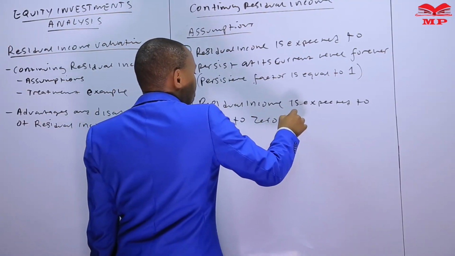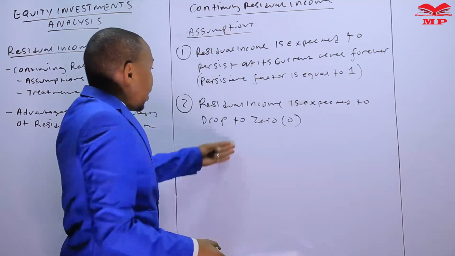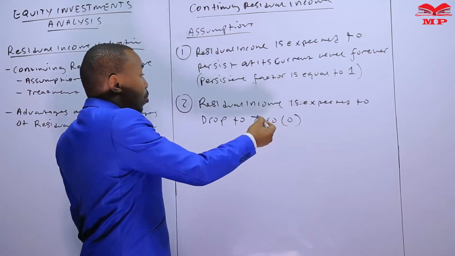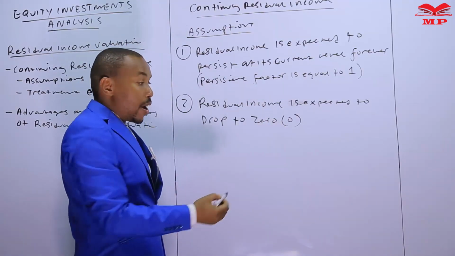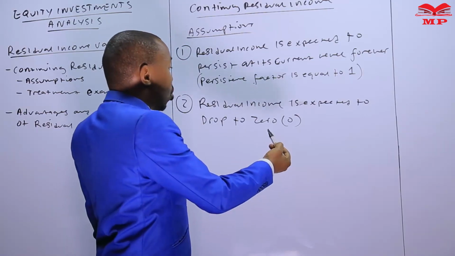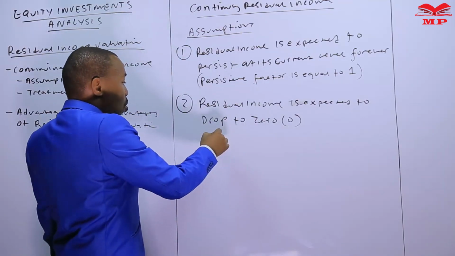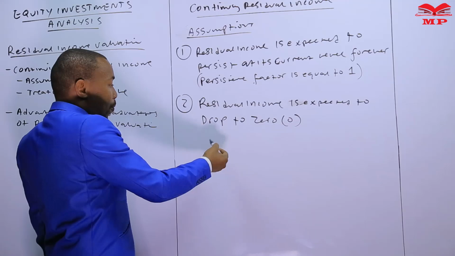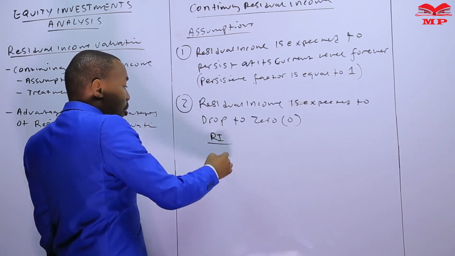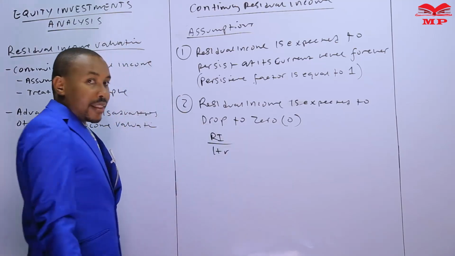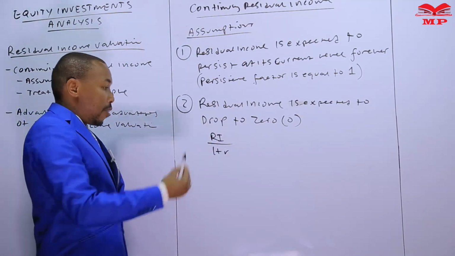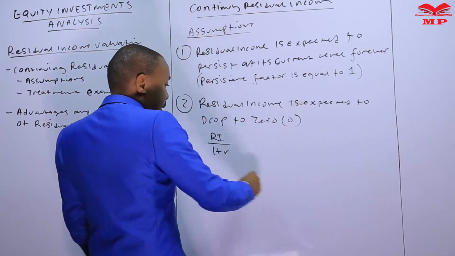In this case, when the persistence factor, which we'll denote by W, drops down to 0, then in order to calculate the present value of future residual income, what will happen? We will look at the residual income, discount it against 1 plus r, so that we can add that component of perpetuity there.